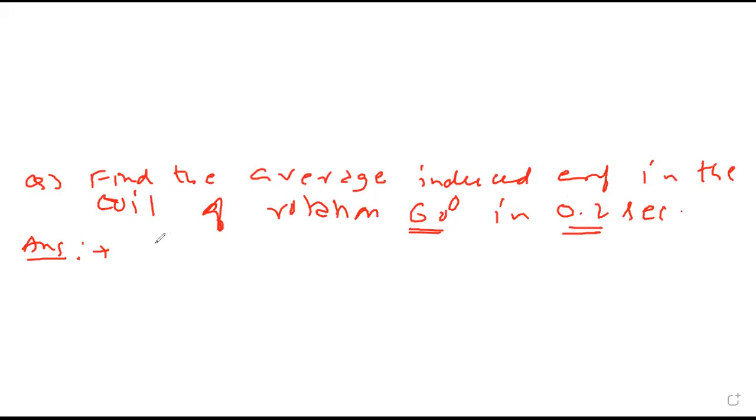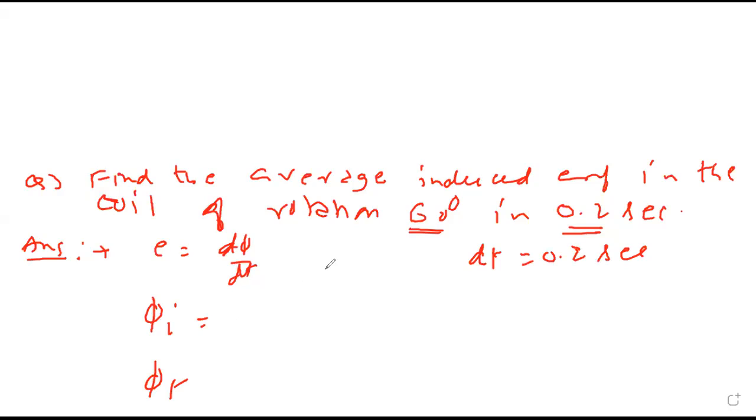So in this case, average induced EMF, I will say, is change in flux upon time. Change in flux means initial flux, final flux, and dt is 0.2 second. Initial flux means the plane of the coil is perpendicular, so it will be B into area pi r square.